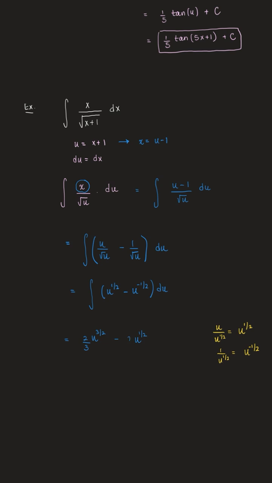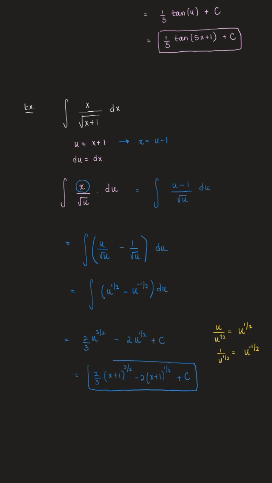Dividing by 1/2 will mean that we multiply by 2, and then we add C for our arbitrary constant. And the last thing we need to do is get our original u in terms of x back in. So we have 2/3 times x plus 1 to the 3/2 minus 2 times x plus 1 to the 1/2 plus C. And you could write this using roots if you would like to.